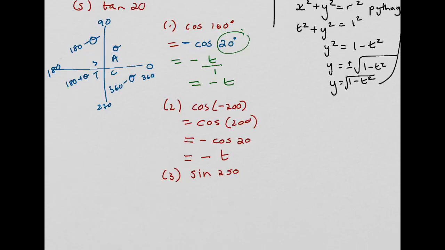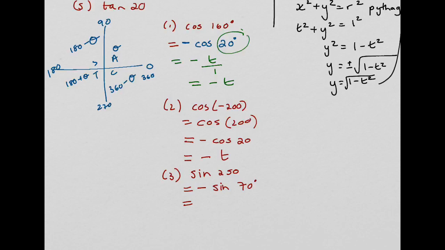All right, the next one is sine 250 degrees. So again, we need to reduce sine to get something within our triangle, either a 20 or a 70. Now, 250 degrees sits in tan's quadrant. So because we're in tan's quadrant, sine is going to be negative, and you have to ask yourself, 180 plus what is going to give me 250? It's going to be 70 degrees. Now you have a choice here.